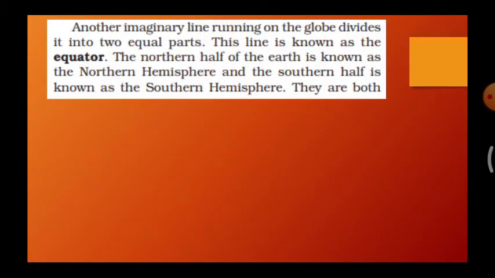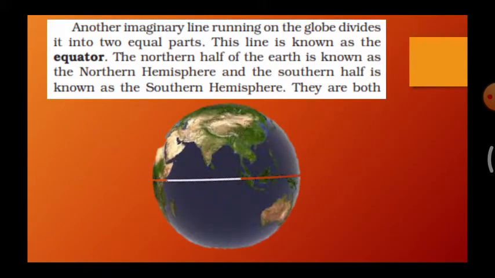Another imaginary line running on the globe divides it into two equal parts. So, see this globe, children. The globe is divided into two equal parts. This line is known as the equator.